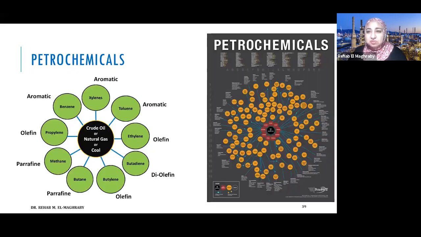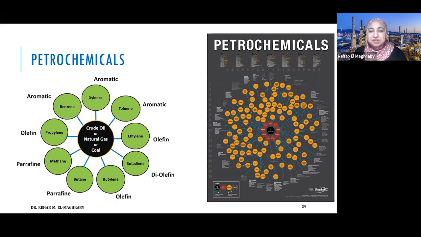As a revision for what we have talked about, the petrochemical industry is based on raw materials, which are crude oil, natural gas, and coal. From this crude oil, natural gas, or coal we can extract the building blocks for the petrochemical industry: methane, ethane, propane, butane. Okay, not pentane.